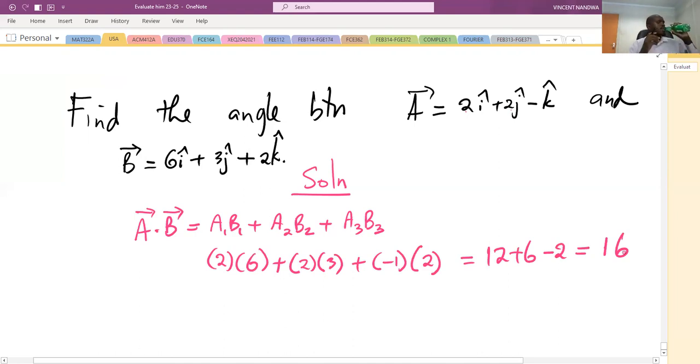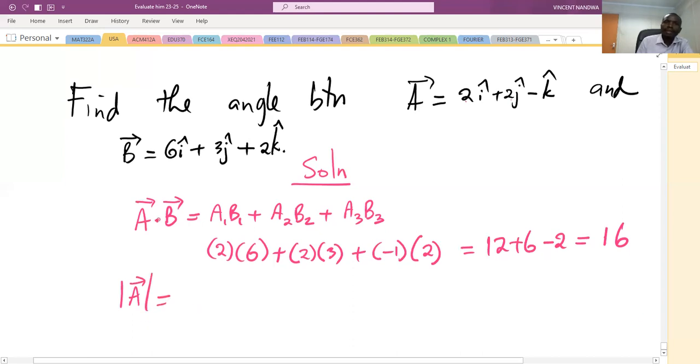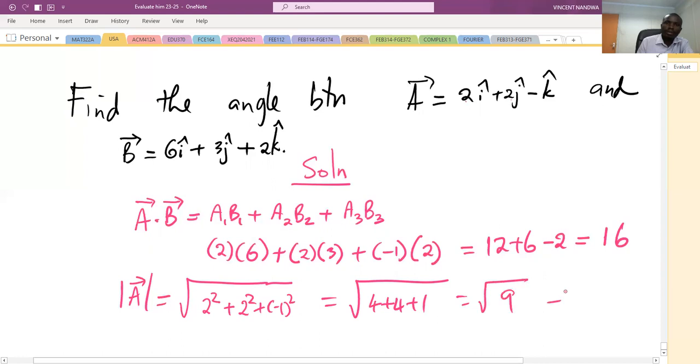And then our next, magnitude of A will be given by square root of 2 squared plus 2 squared plus minus 1 squared, which is the square root of 4 plus 4 plus 1, square root of 9, which is 3.